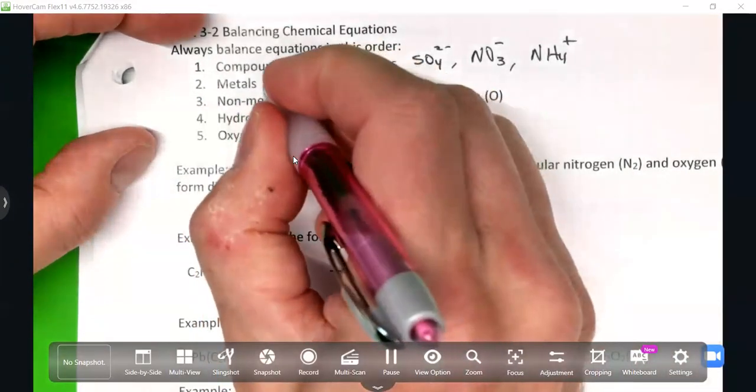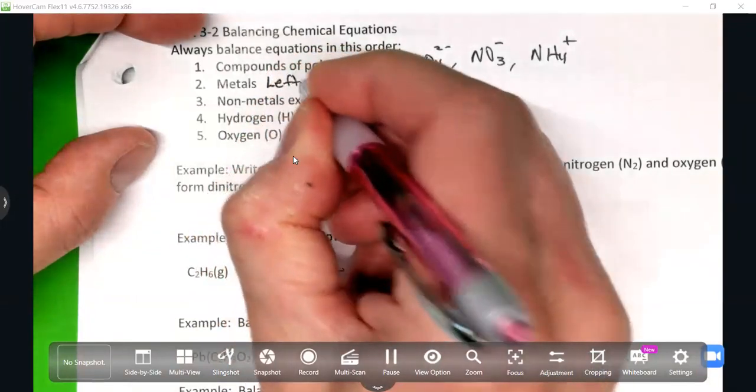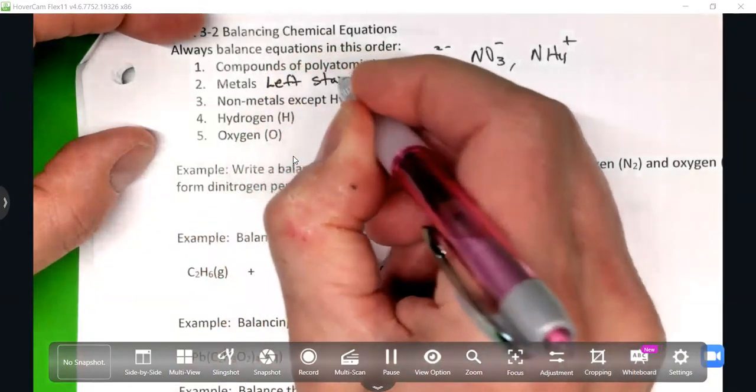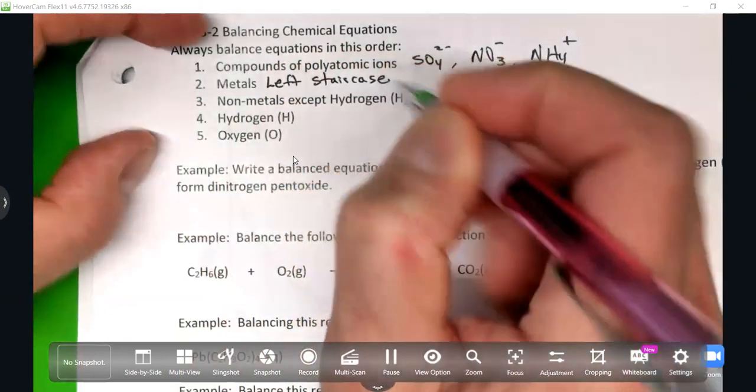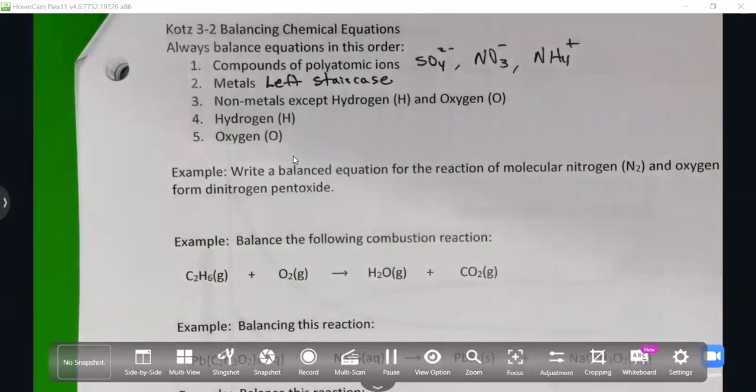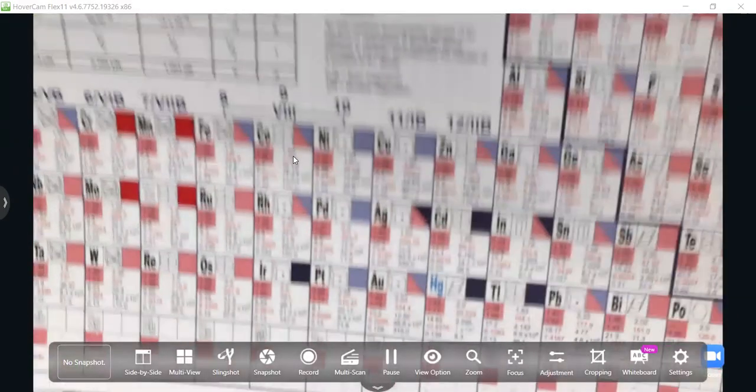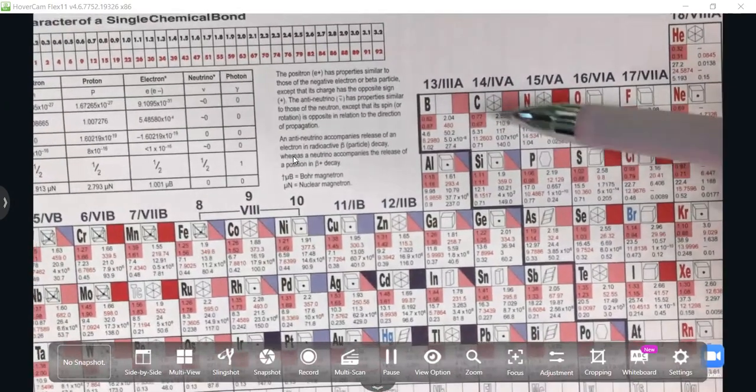Metals, where are the metals? Left of the staircase. Do we have a good staircase line in the periodic table I handed out? Here's our staircase line.